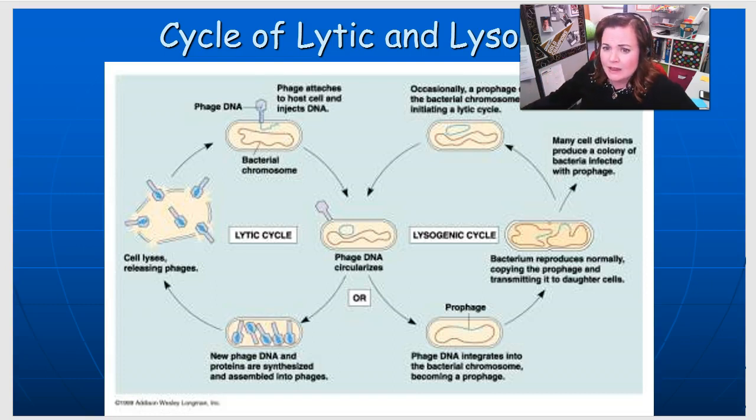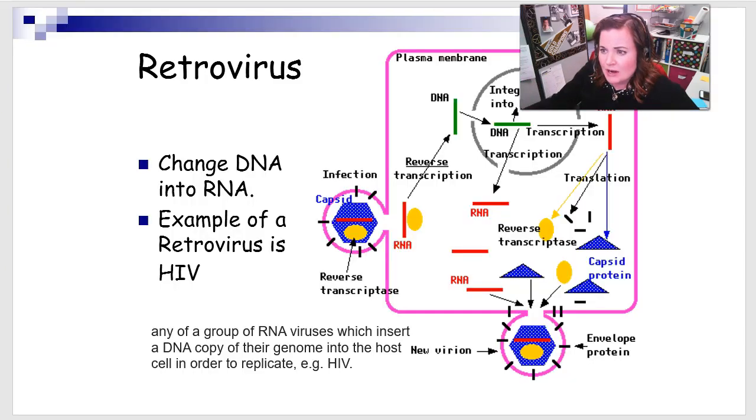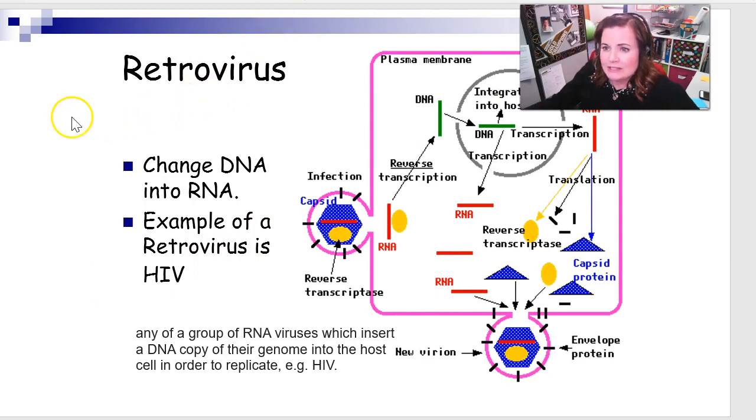The other type of virus we didn't talk about is something called a retrovirus. A retrovirus is slightly different from a regular virus because instead of having DNA as its genetic material, it has RNA. And RNA can't directly infect a cell. So the first thing it needs to do is change back into DNA.